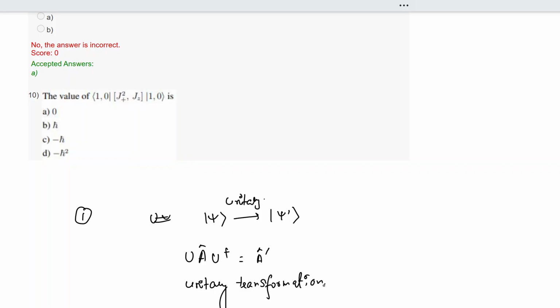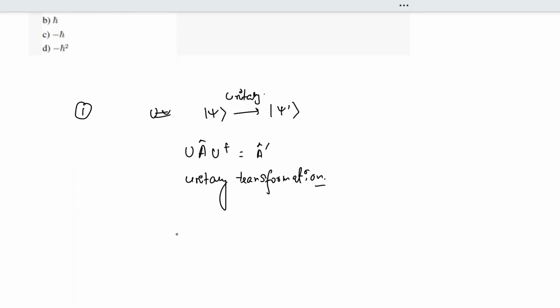Now A dagger is equal to A, because it is mentioned in the problem that A is a Hermitian matrix. Then you take (U A U dagger) whole dagger, which is A prime dagger.